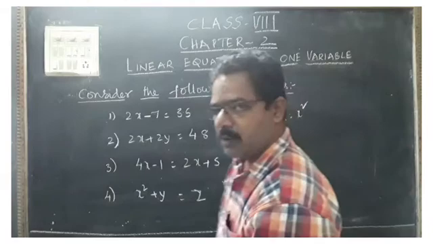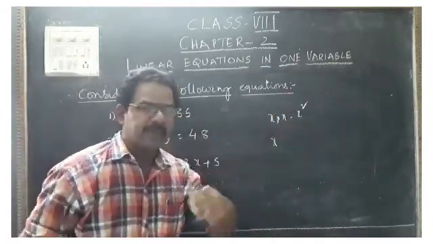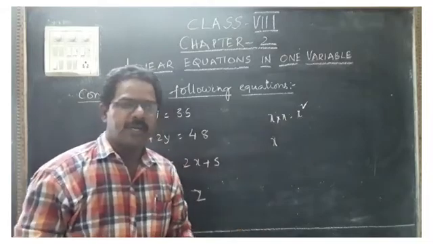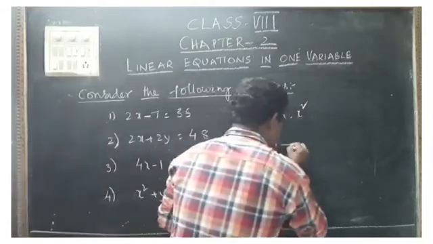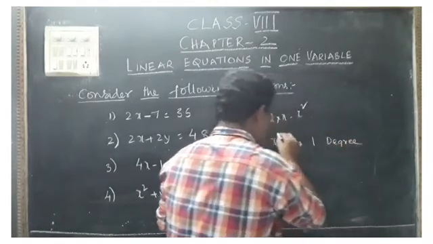Only x is there or only y is there, only one variable, without multiplying with any other variable or with the same variable. Its degree we call as 1. Its degree is equal to 1.